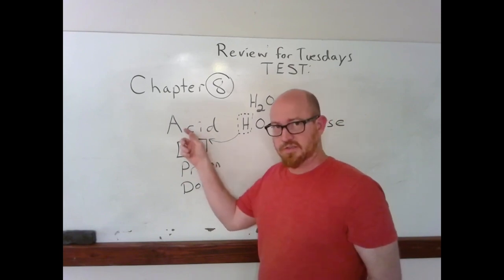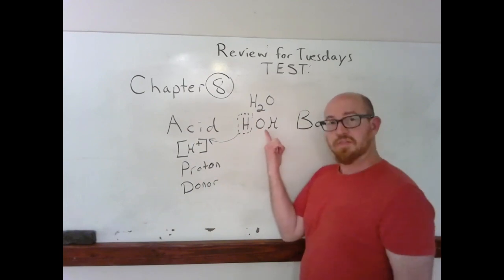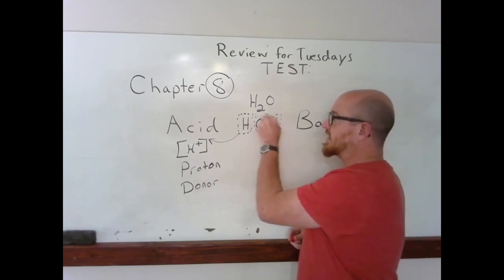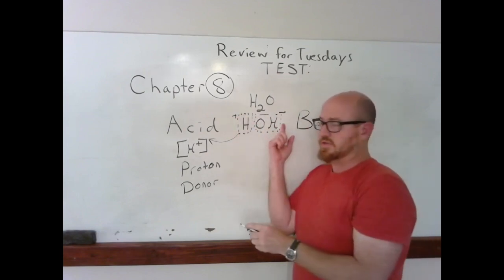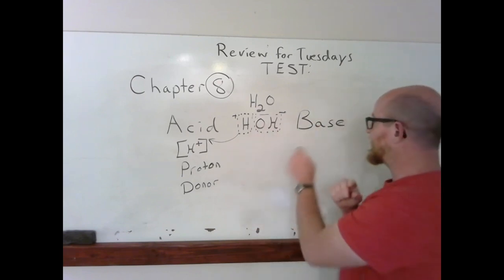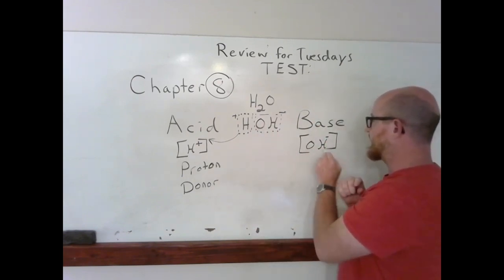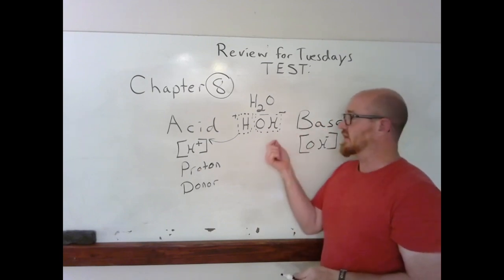Anytime you have an excess, a large amount of hydrogen ions in a solution, high concentration, you've got an acid on your hands. On the flip side, we step over and we look at what this is. This, with that extra electron, becomes negatively charged. This again was positively charged. This is hydroxide, OH negative. Now, hydroxide is a base. It's a pure base.